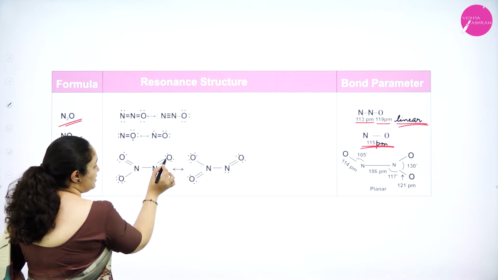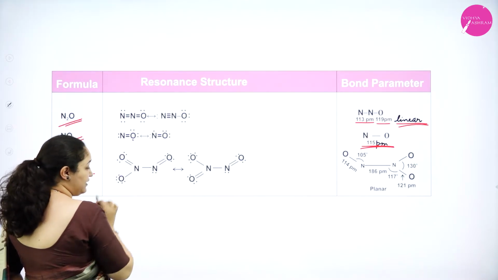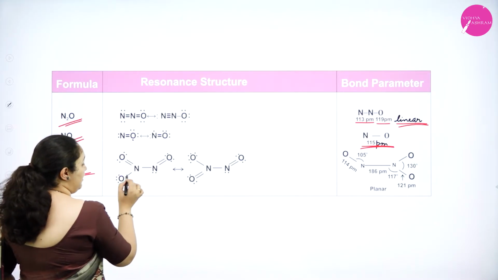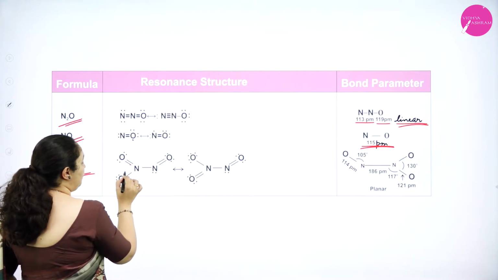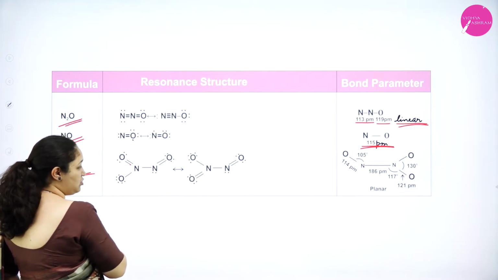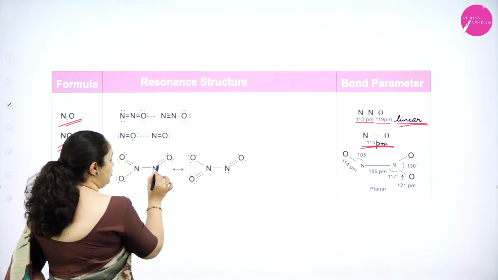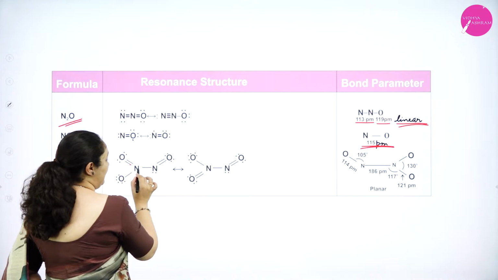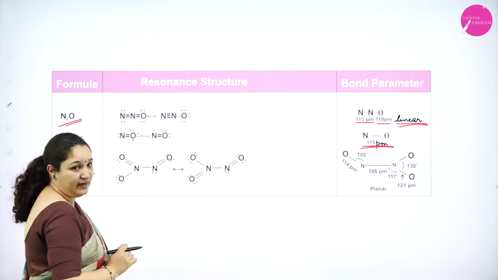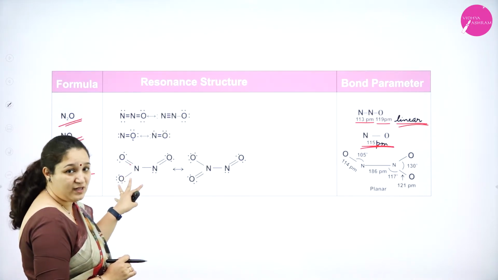Again you can see the oxygen atom here 4, 5, 6, 7, 8, it is attaining 8. Now you have to see about the nitrogen. Nitrogen 1, 2, 3, 4, 5, 6, 7, 8. This also is attaining 8. Here this particular nitrogen, that's the second nitrogen, 1, 2, 3, 4, 5, 6, 7, 8. 8 it has attained. So this is how you write the resonance structure.